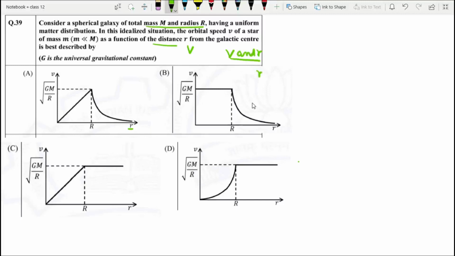Okay, when r is less than capital R and when r is greater than capital R, we have to find what is the velocity for these two conditions. The velocity of the star is given by the root of G capital M divided by r.